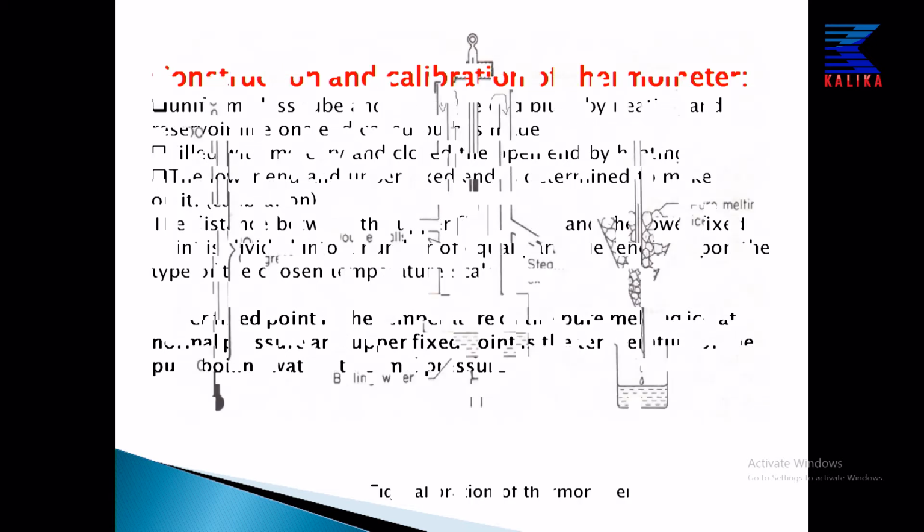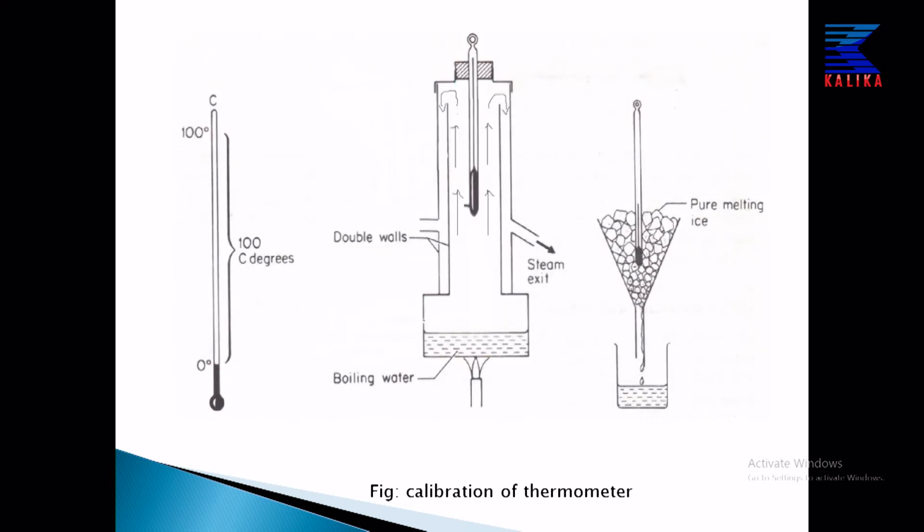In the figure you can see the thermometer. The first figure is the thermometer which ranges from 0 to 100 degree Celsius. That 0 to 100 degree Celsius is scaled by the second and third figures. In the second figure, there is a boiling chamber. That boiling chamber helps to raise the mercury level to a fixed point.